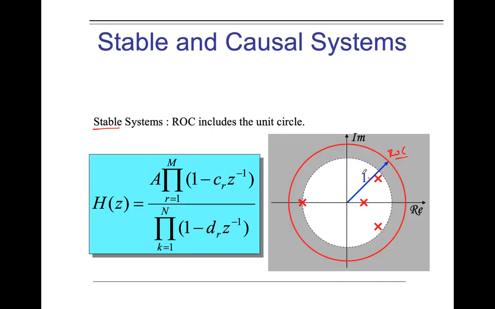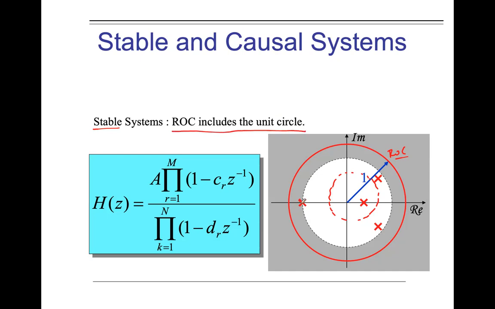If the unit circle is here, okay, let's say, then what should I do? What does it mean? Stability. It is not stable, right? Stable, not stable. So ROC should include the unit circle.